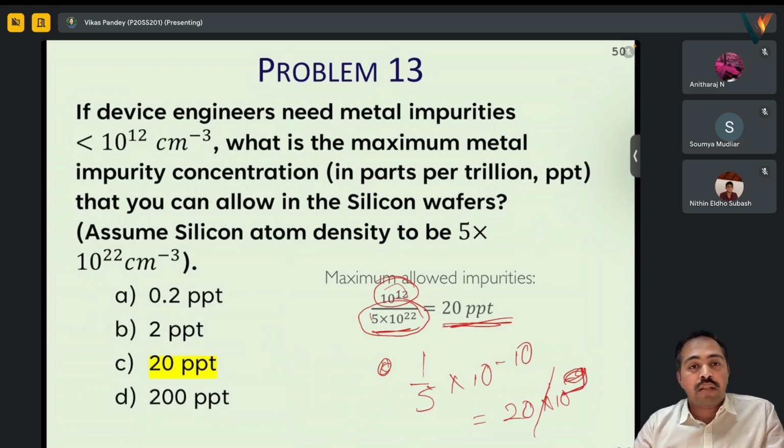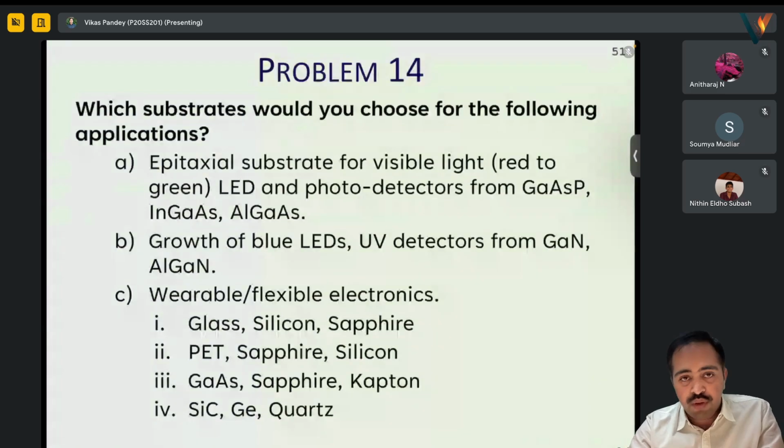Okay, this is something that we discussed at the beginning. Which substrate would you choose for the following application? Epitaxial substrate for visible light, red to green, LED and photodetectors, from gallium arsenide phosphate, indium gallium arsenide, or aluminum gallium arsenide.